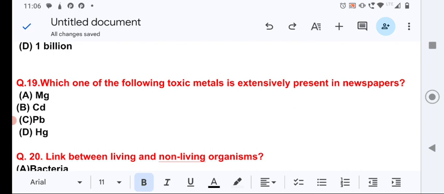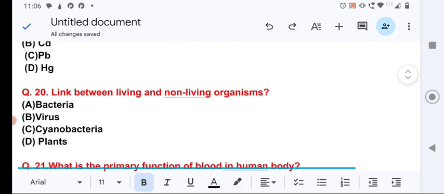Here, Pb is toxic metal extensively present in the newspaper. So, option number C is correct answer for the question number 19.